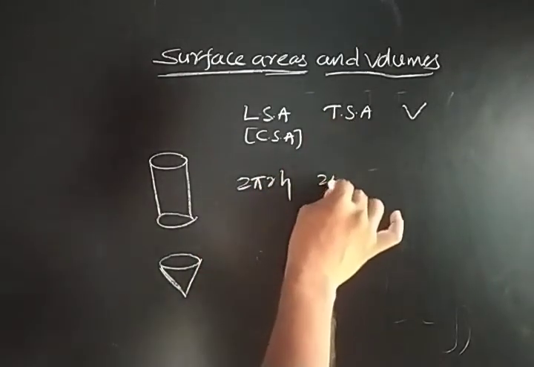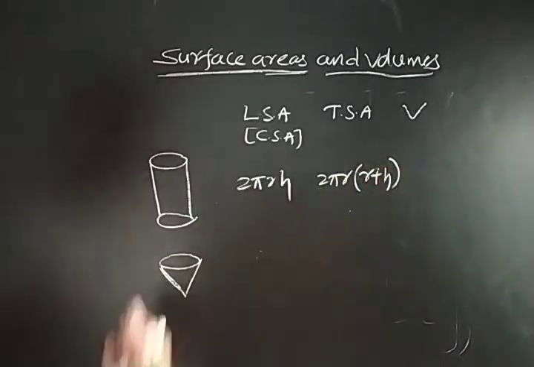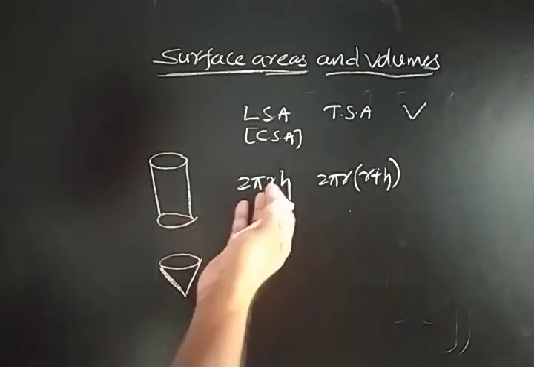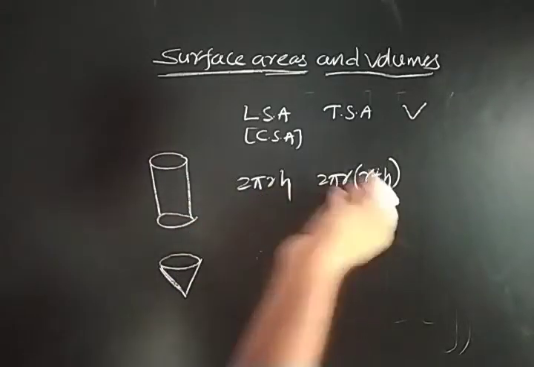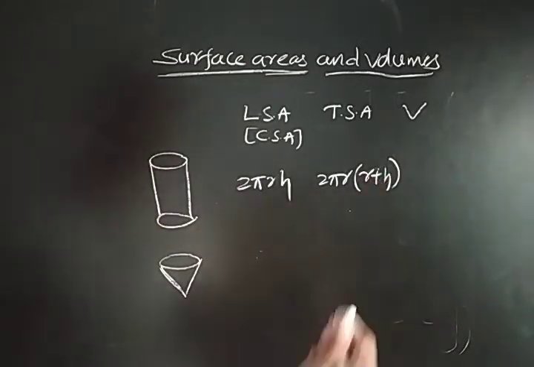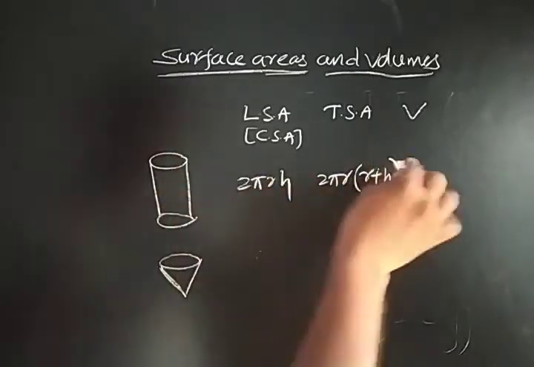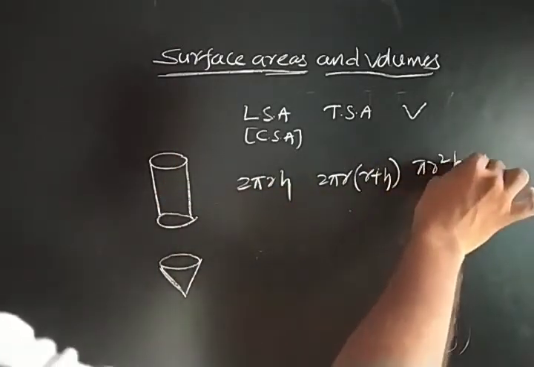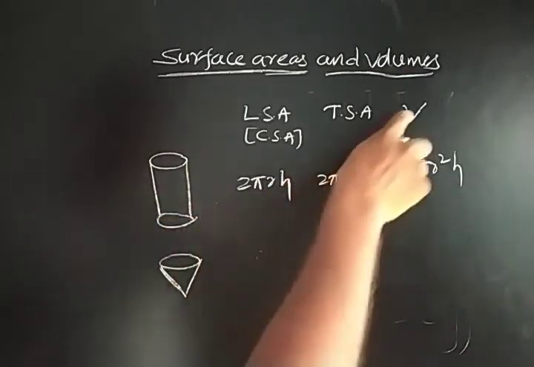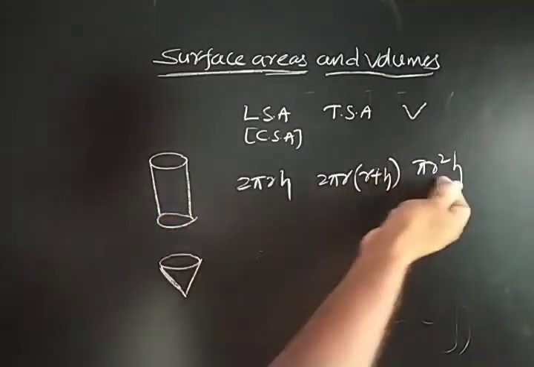TSA is 2 pi R into R plus H. 2 pi RH is CSA. Adding pi R square plus pi R square to the 2 pi RH, we will get 2 pi R into R plus H. Volume is base area into height. What is base area? Circle. Pi R square into H. You can easily remember this formula. So base area into height will give the volume. Base is circle, height is H, so pi R square H.